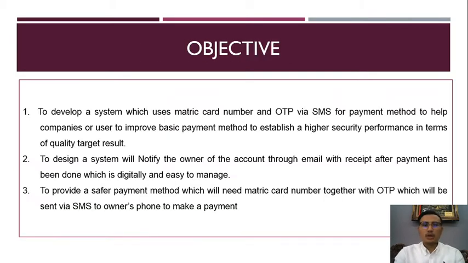So today, the objectives of developing the system are: first, to develop a system which uses the metric card number and OTP via SMS for payment, to help users improve the basic payment method by paying cashless. Second, to design a system that notifies the owner of the account through email with a receipt of payment.